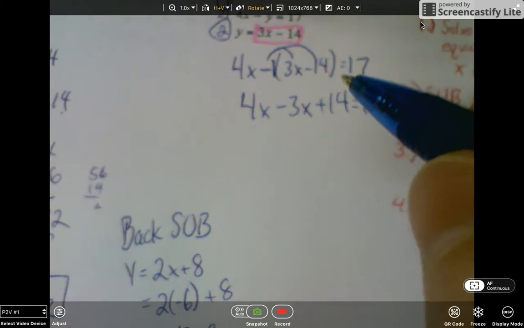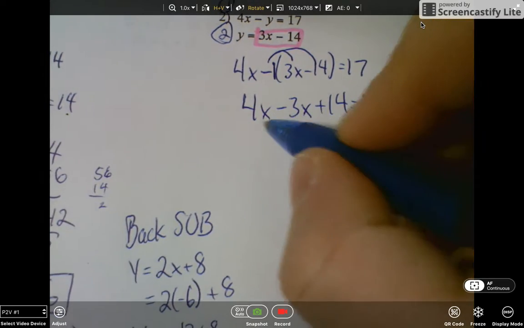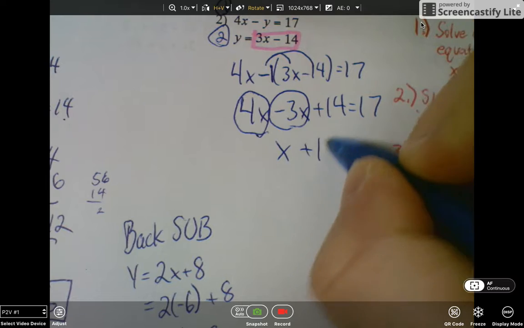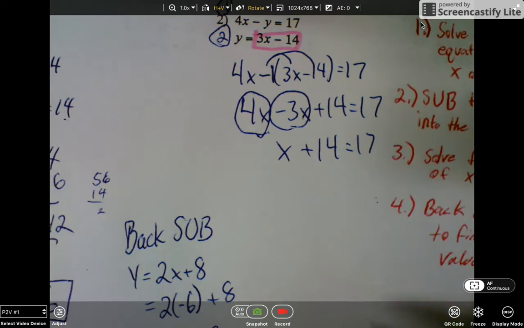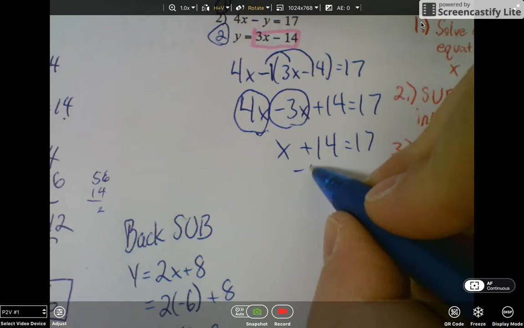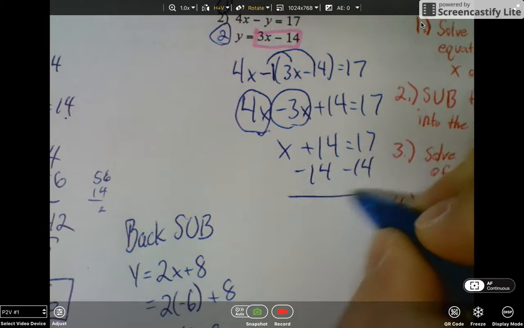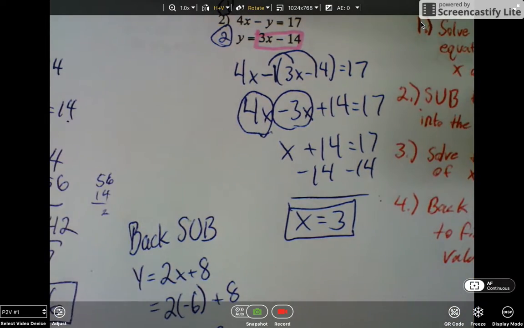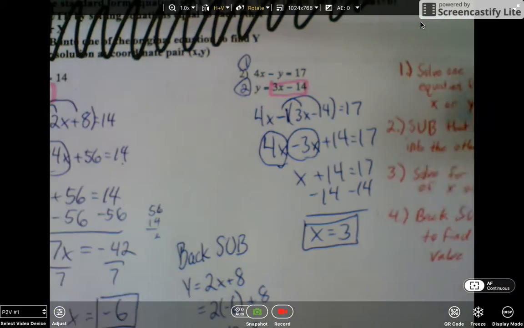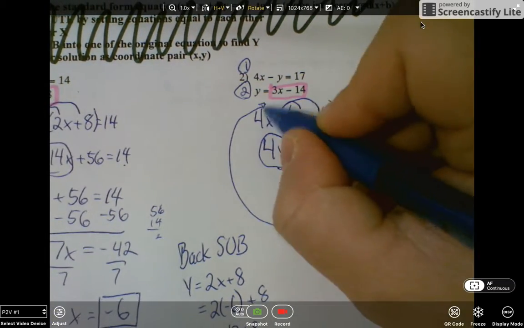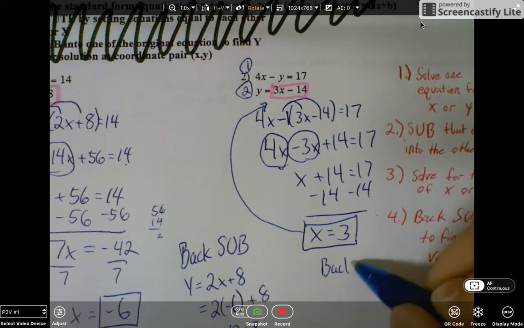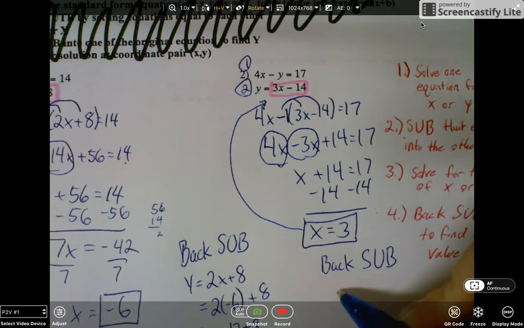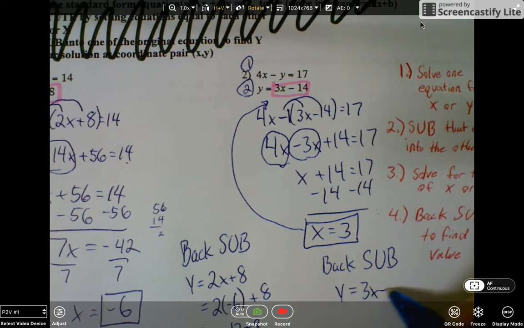So I'm going to combine these like terms. I'm left with x plus 14 equals 17. And then I subtract 14 on both sides. I'm left with x equals 3. I'm going to take this x equals 3 and back sub it into my y equals equation, and I'm left with 3x minus 14.